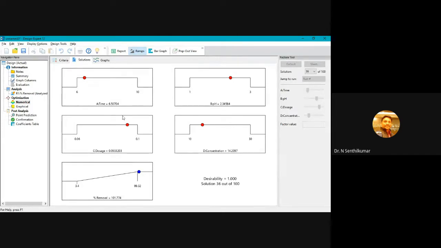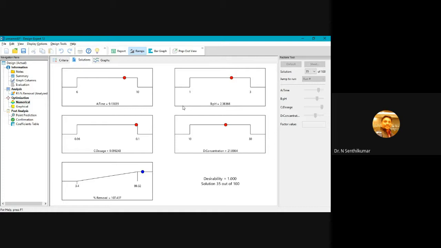So by doing this, the percentage removal will be really good. Yes, 37, 35, 107. You can see this difference. So according to our requirement, we can see this.